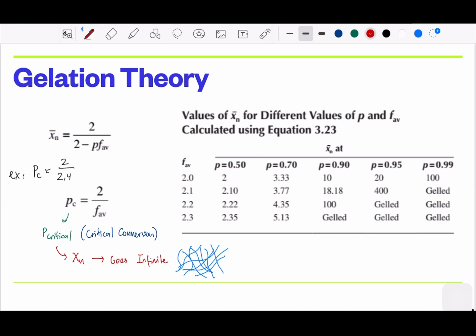We are going to connect all the chains with this branch point here, the gel point. And if this is completely polymerized, all the networks, we say the term is gelled. This means the gel point is making a branch.